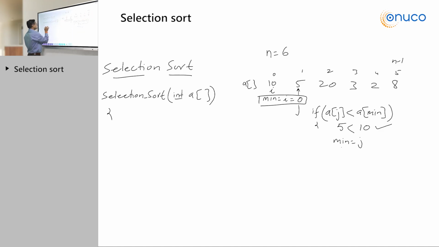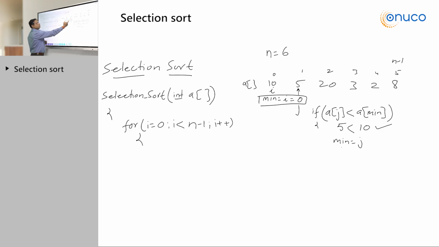So we are going to write for i is equal to 0, i less than n minus 1. If you are writing i less than n minus 1, basically i pointer maximum is n minus 2, and i plus plus.